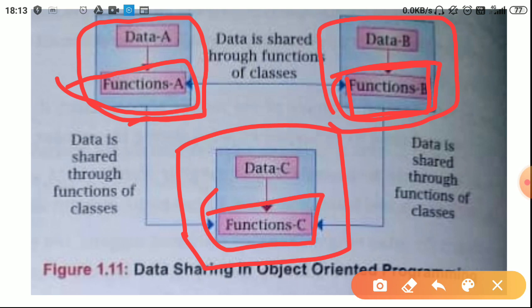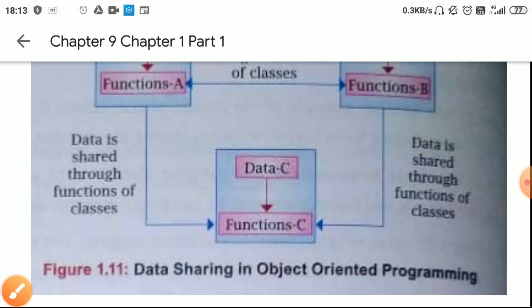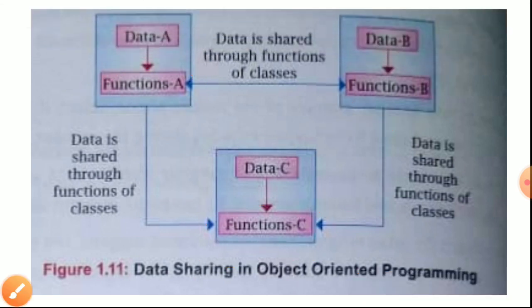Okay, now this is completely opposite to what we saw in POP. In POP all the functions were mixed up, and any global data could be accessed by any function. But in this case, that is not the way data is accessed.